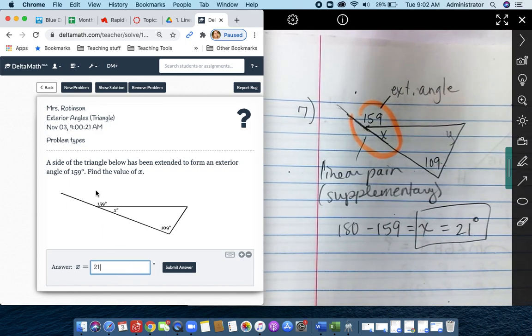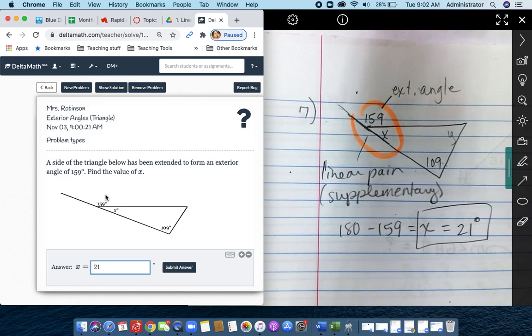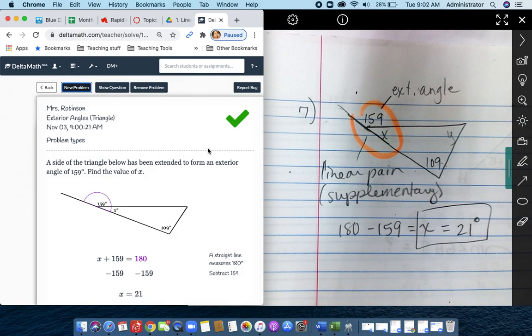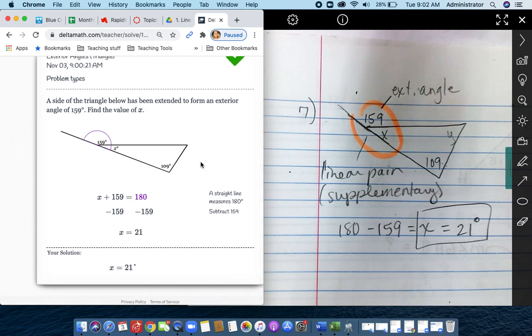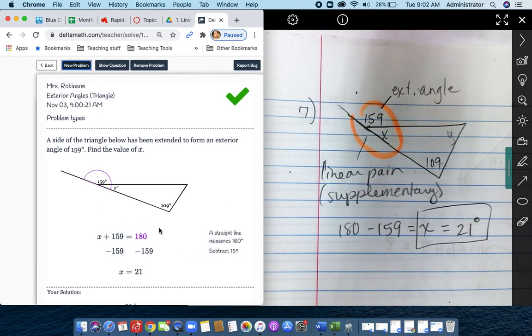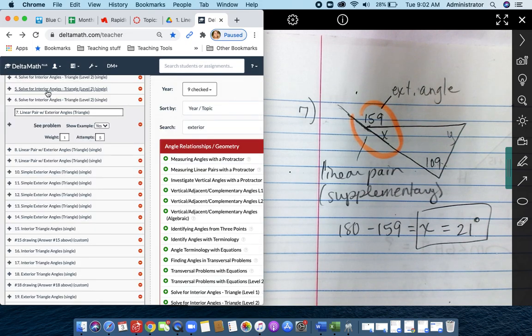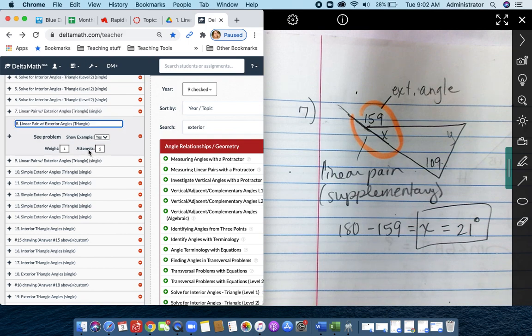So certainly when your 159, or like this measure exterior angle is right beside this interior, it's just easier to use that relationship of a linear pair being supplementary. See? And that's what they did there. That the x plus the 159 would equal 180, so all you have to do is subtract 159 from 180. All right, so I have two that you'll do here.